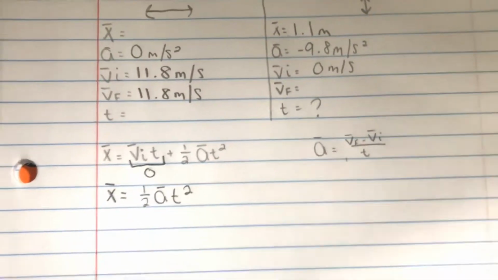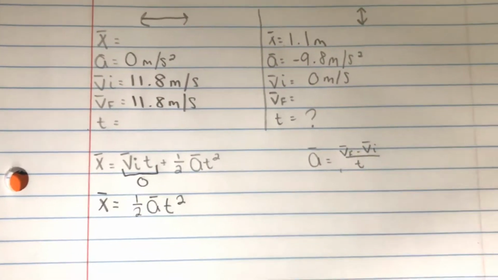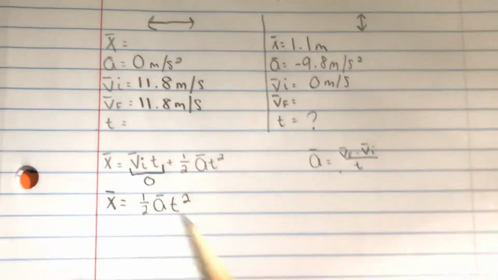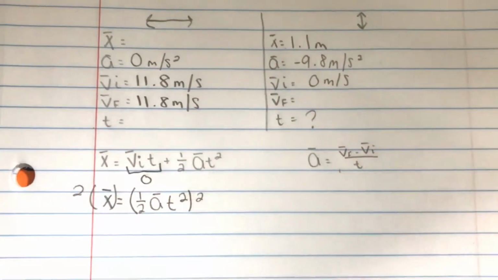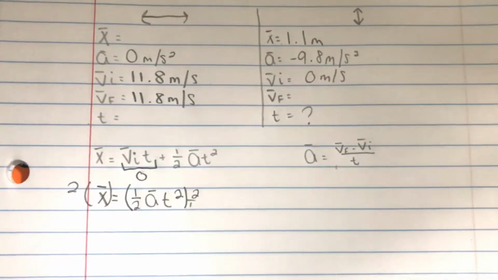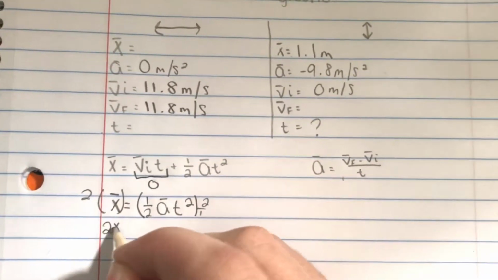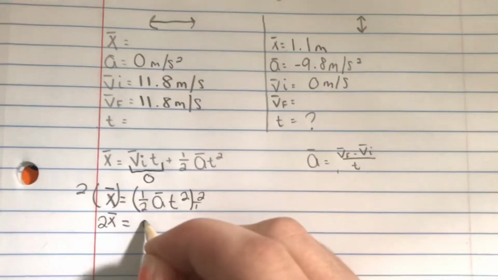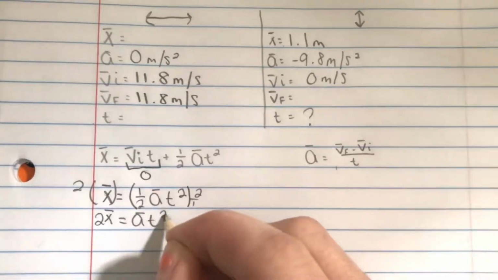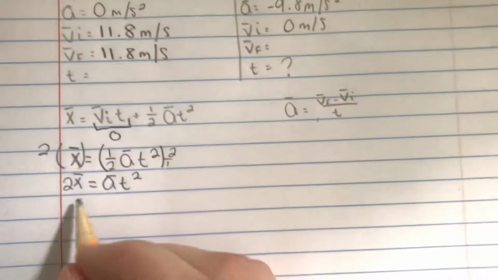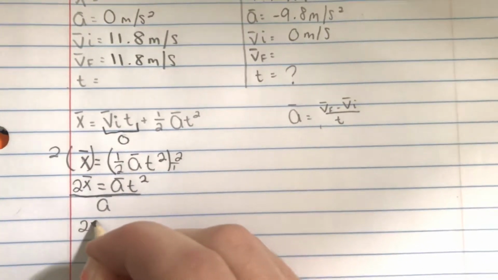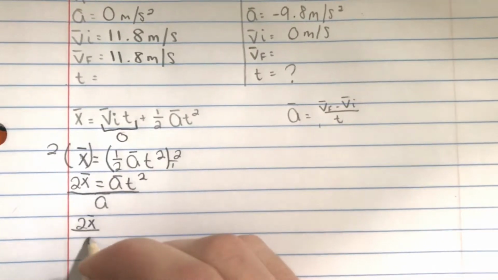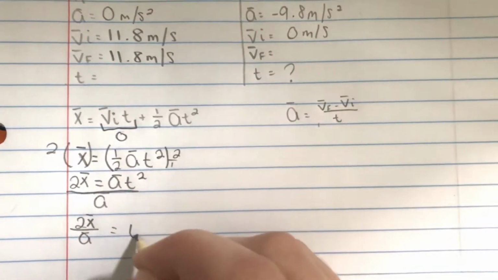So now we have to get time all by itself. First, get rid of this 1/2 by multiplying everything by the reciprocal, 2 over 1. Then you get 2x is equal to acceleration times time squared. Then you divide everything by acceleration, so you get 2x over a equals time squared.